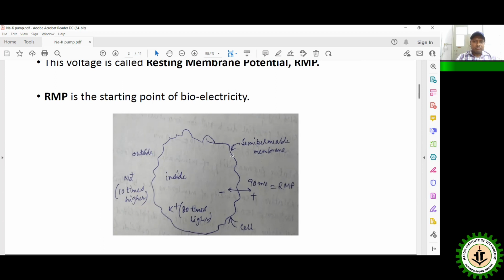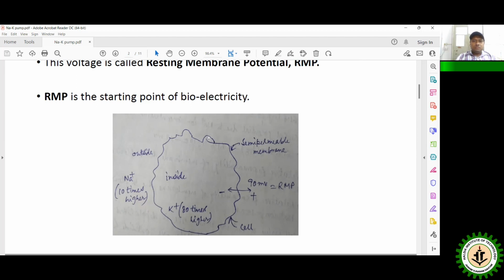Inside that cell we have intracellular fluid, and outside the cell we have extracellular fluid. This is the inside of the cell, we have the intracellular fluid inside, and this is the outside of the cell, the extracellular fluid.